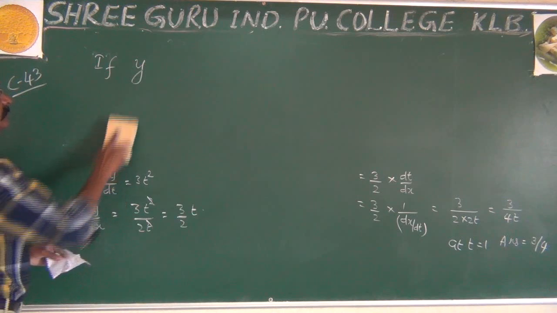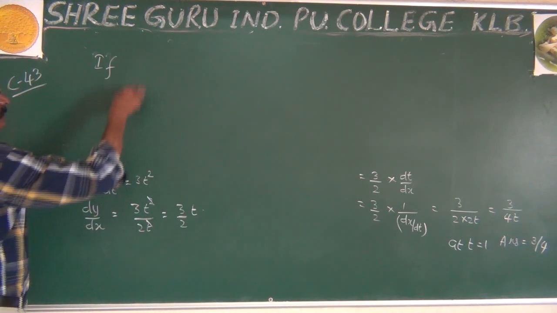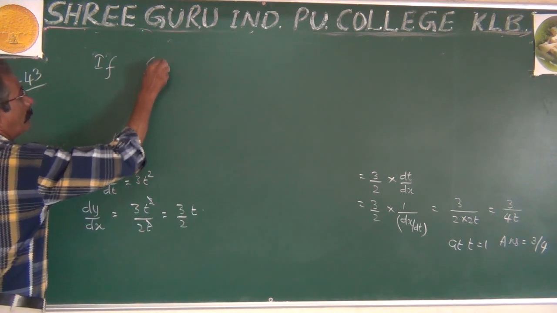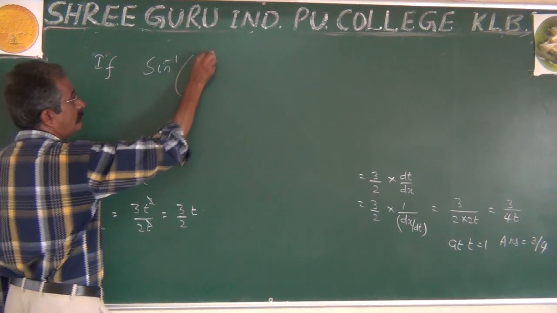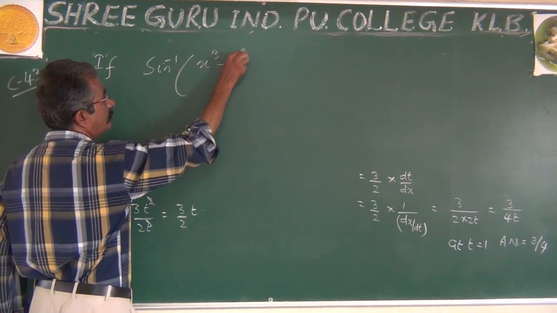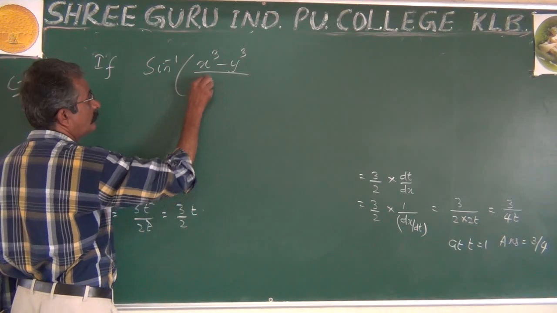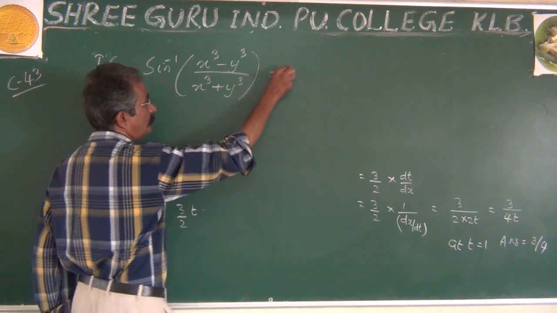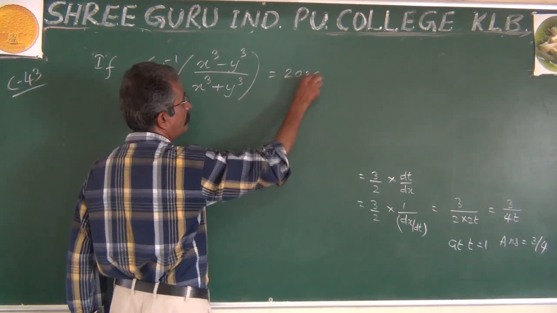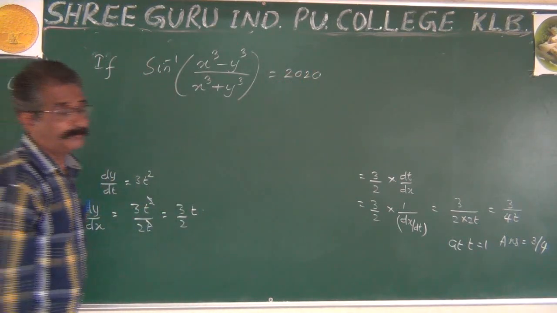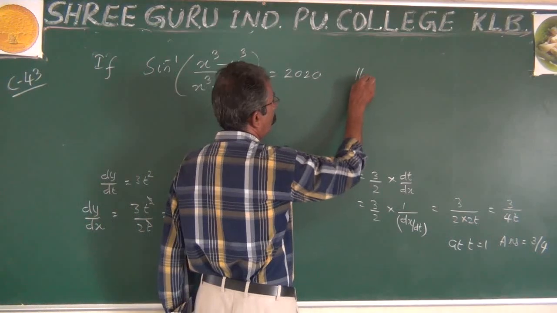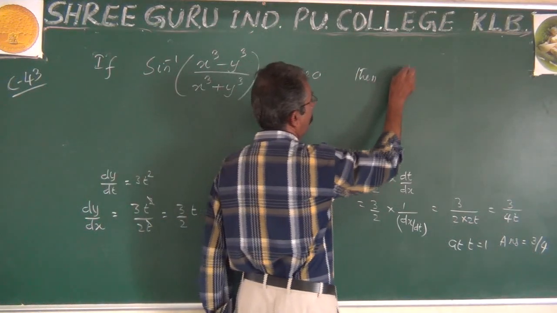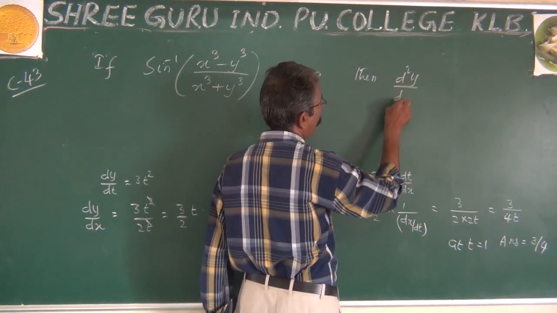If sine inverse of (x cube minus y cube) divided by (x cube plus y cube) equals 2020, then what is the value of d2y by dx2?